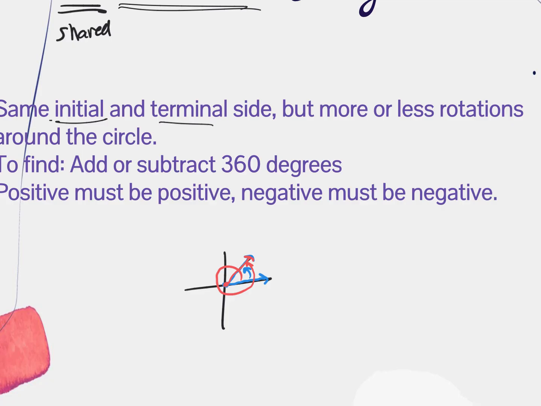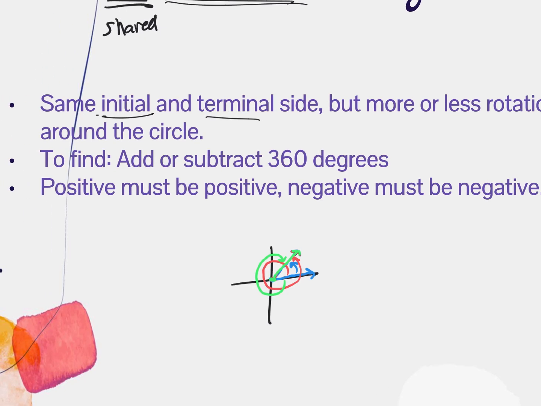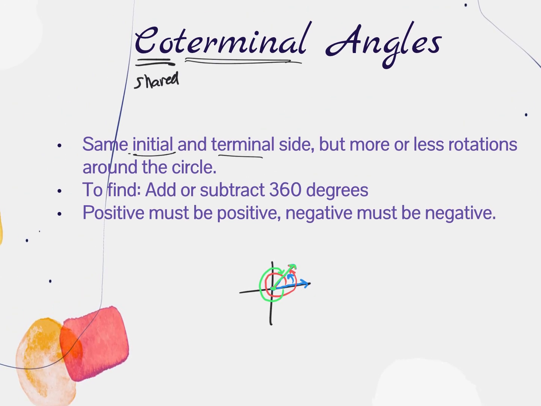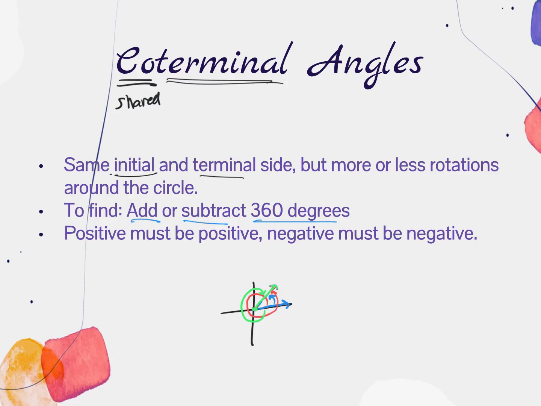It is in the same spot. It's just you have an extra rotation. Similarly, I can go backwards and I can also end up in the same spot. They share that terminal side. And then what we do to find a coterminal angle is we add or subtract 360 degrees, because 360 degrees is a full rotation. I'll show you what that's going to look like on the next page.